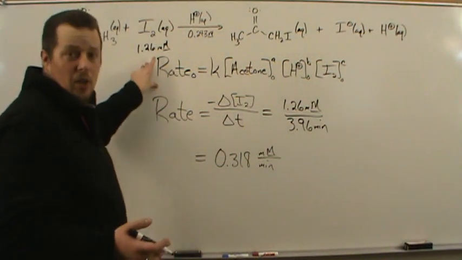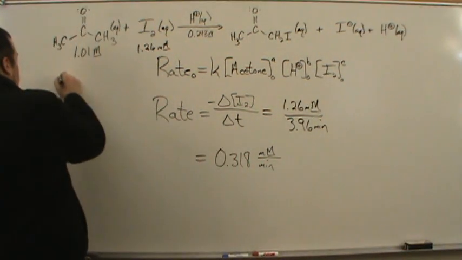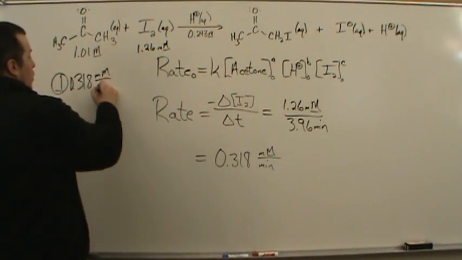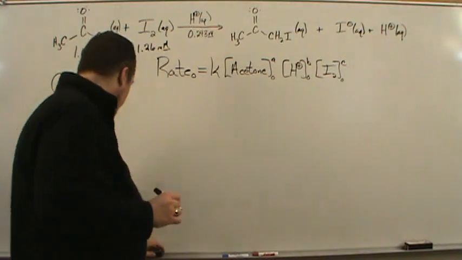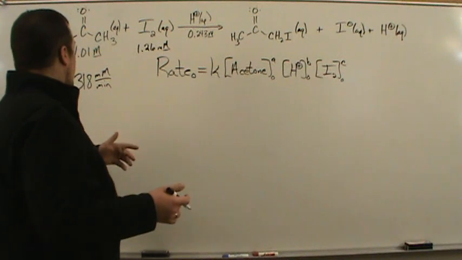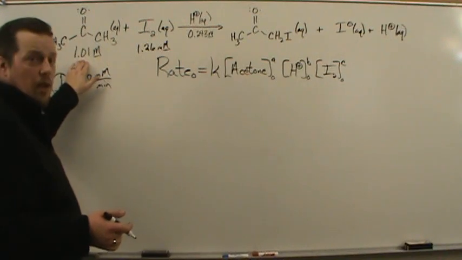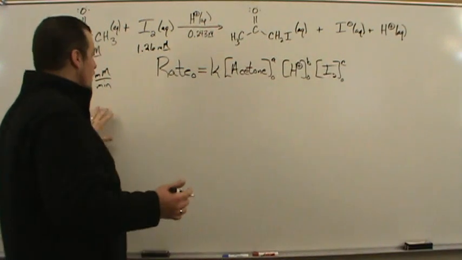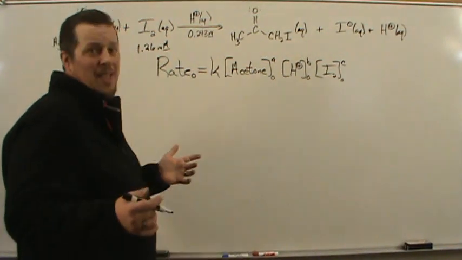In order to determine our rate law expression, we need data from 2 runs. So let's say it was 0.318 millimolar per minute for that first run. Let's get rid of all this. If we plug in the data for another room temperature run that we did, let's say maybe we doubled the concentration of acetone. If you double the concentration of acetone, you probably would get a reaction time somewhere around 2 minutes.